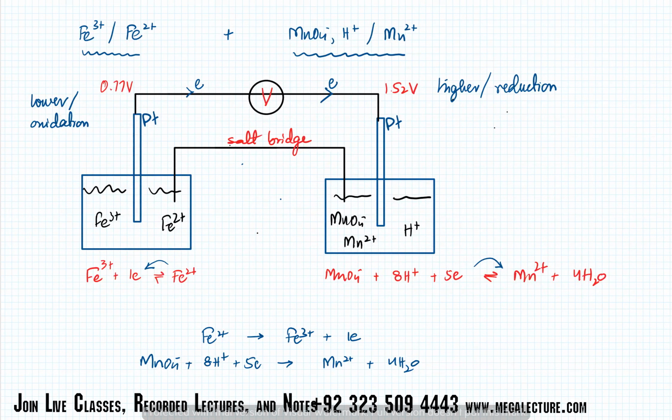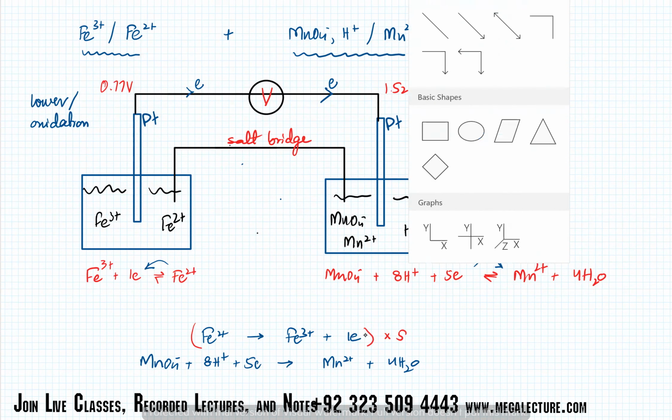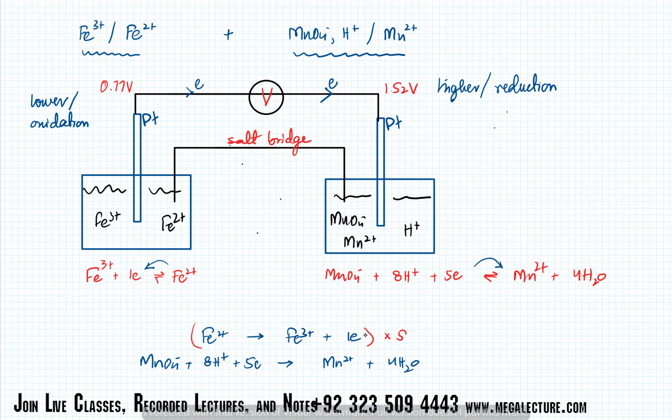You just add them up, but before adding them, the electrons gained and lost have to be equal. There was 1 electron lost and 5 electrons gained, so I multiply the first one by 5. Then you combine them.